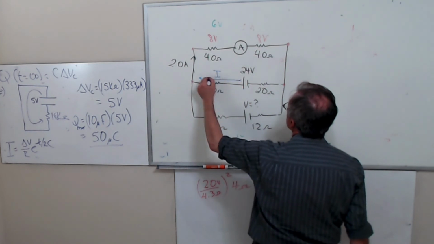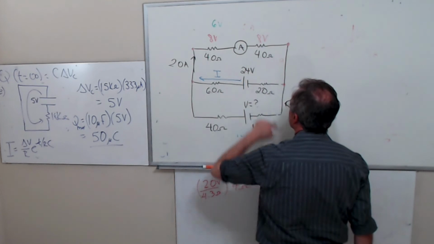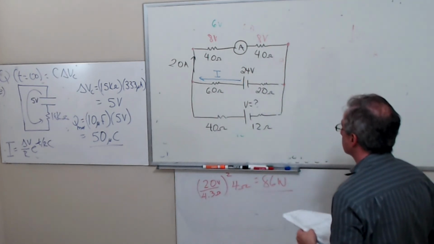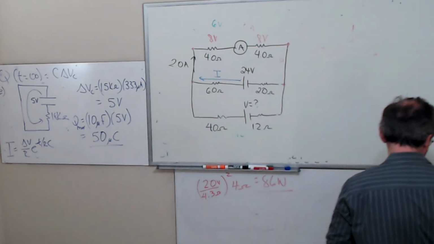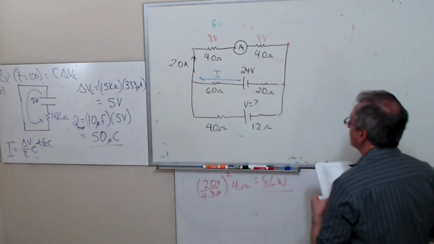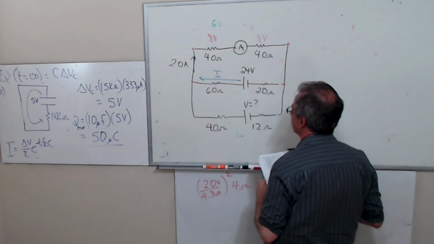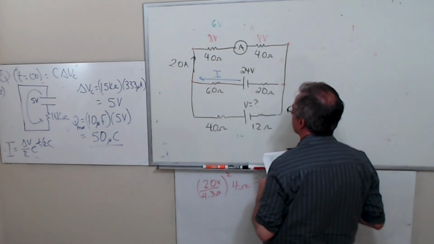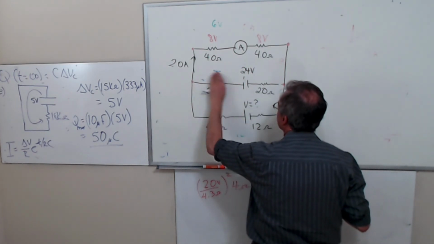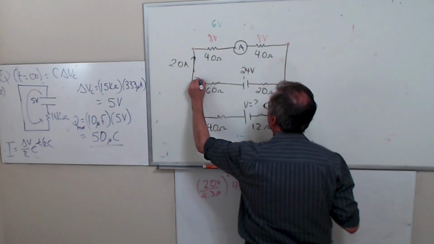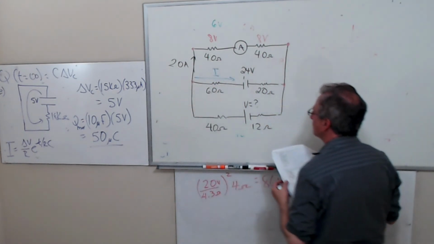Can I just use the loop rule here to figure out what this value is? I mean, the voltage has to drop in that direction though, right? So maybe I should have the current pointing the other way. Let's do that.